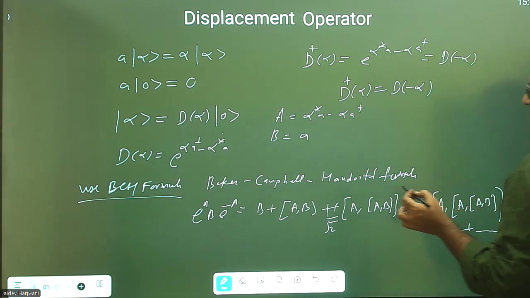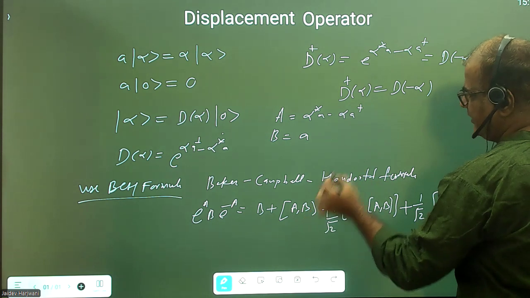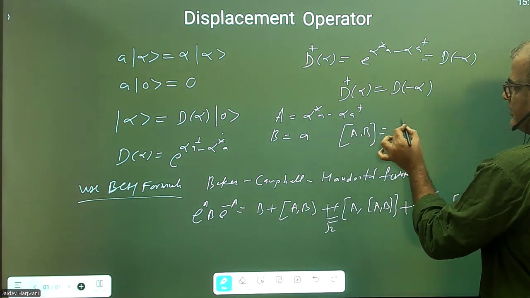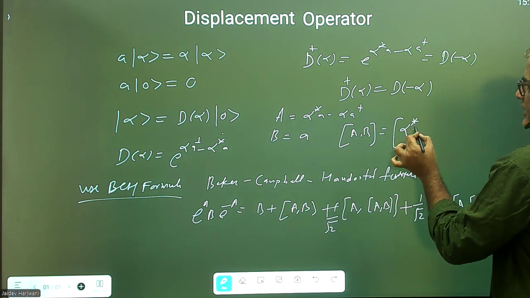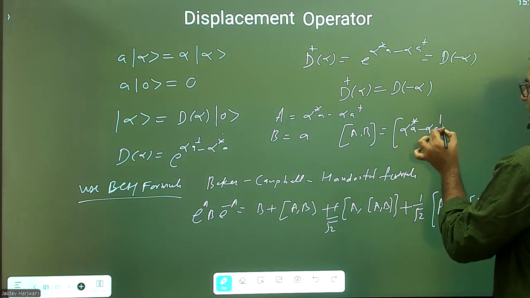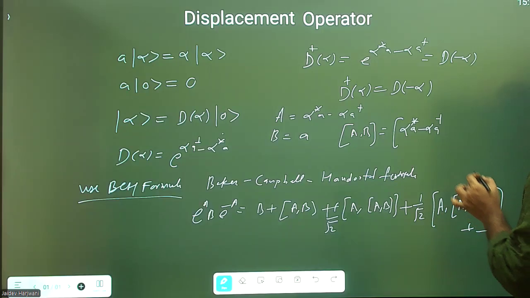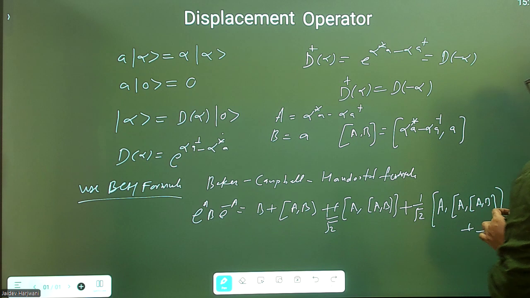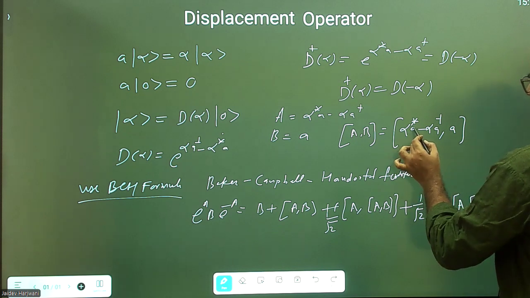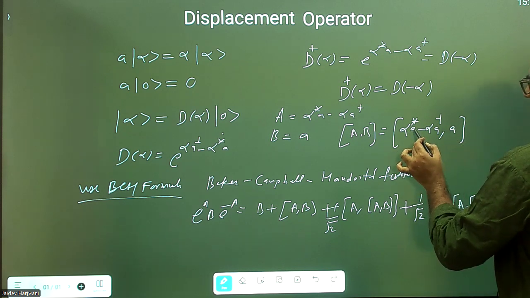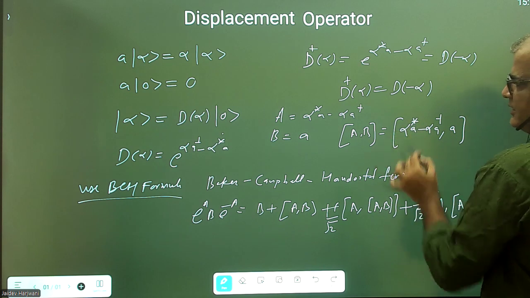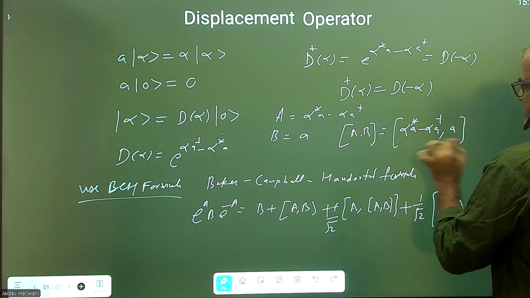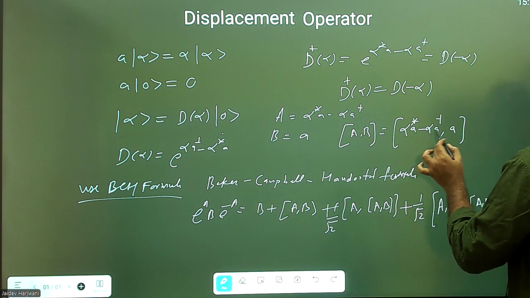Now, if I compute the commutator of A and B, what will come? The commutator of A, which is alpha a dagger minus alpha star a, and B, which is a. Alpha star a with a, alpha is a complex number, so a with a will give you 0, and now minus alpha a dagger with a.